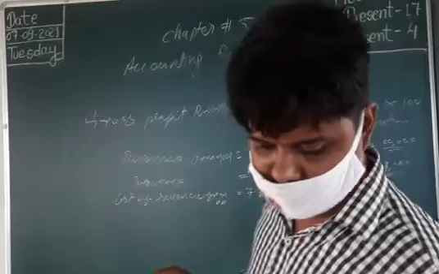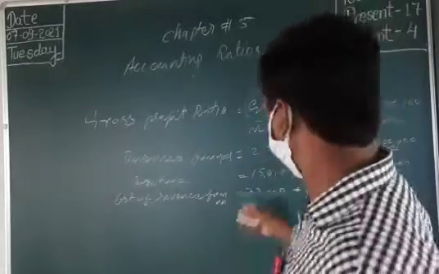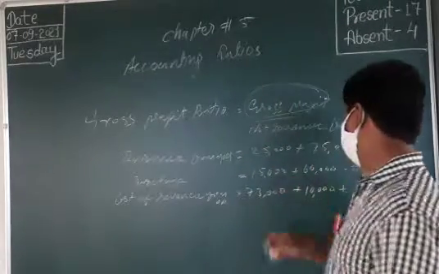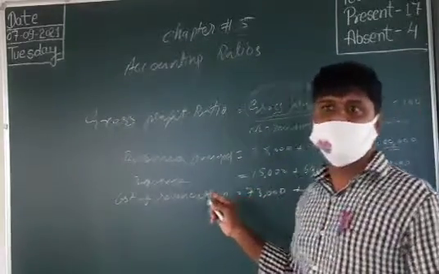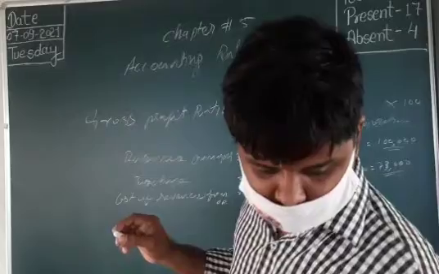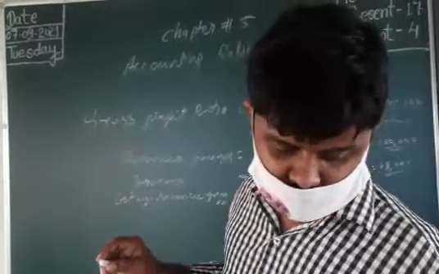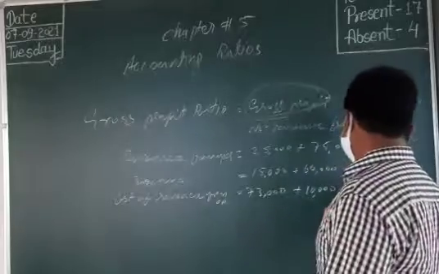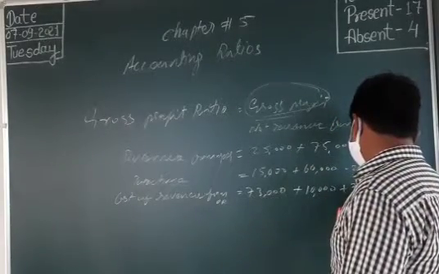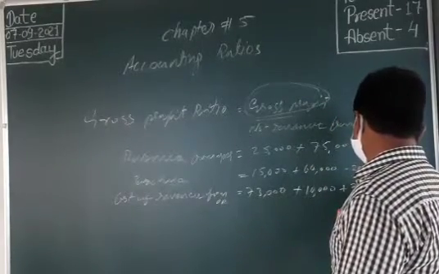The return outward we already considered here. And these are direct expenses: wage and carriage inwards. Clear now? So total is 7,000.